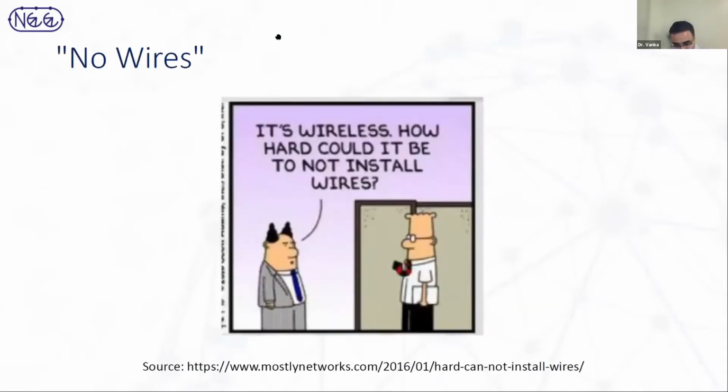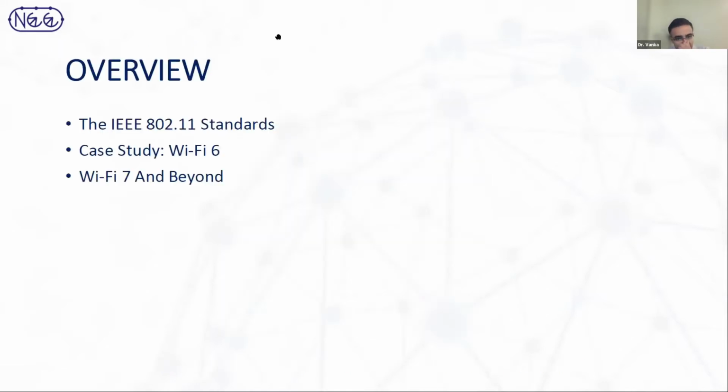So the talk consists of three parts really. First, I want to take the audience through the IEEE standards process very briefly. The reason is it gives a good context to what the research entry points are that people can expect in this process.